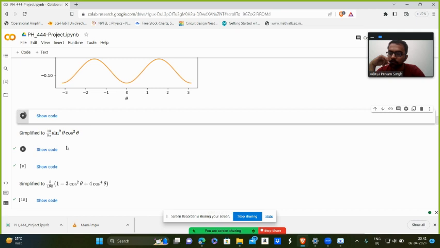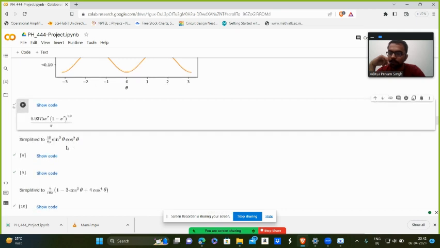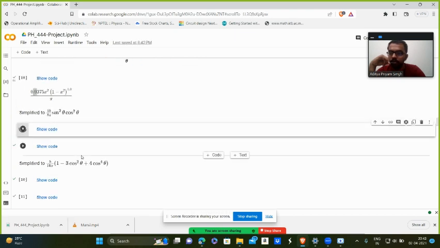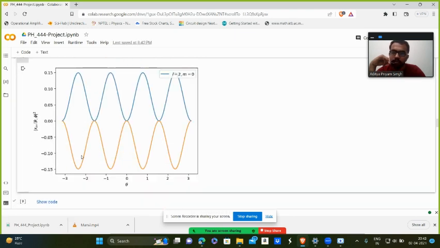Then the next plot is for L equal to 2 and M equal to 0. So this is the equation that we'll get on solving the dP/dΩ equation, which simplifies to 15 over 8 pi sine square theta cos square theta. And the radiation plot looks something like this.